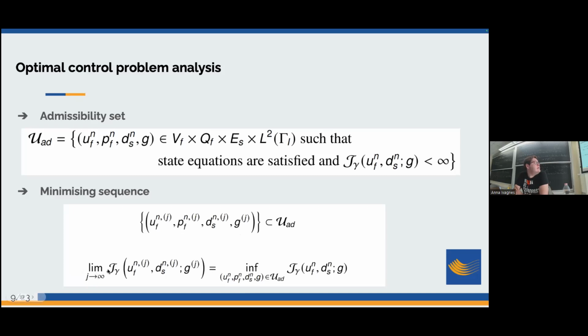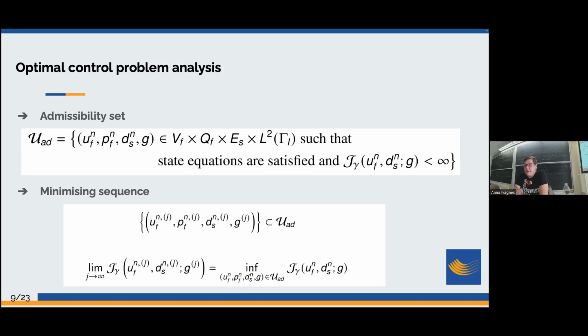such that the values over this sequence converge to the infimum over all points in the admissibility set.